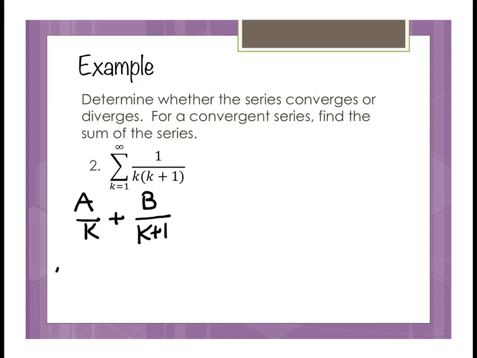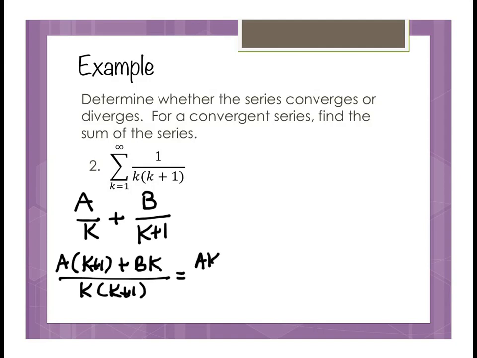So if I were to multiply these together, I would have A times K plus 1, and I would have B times K over K times K plus 1. And this numerator also could be written as AK plus A plus BK, which is the more helpful way of seeing it written.